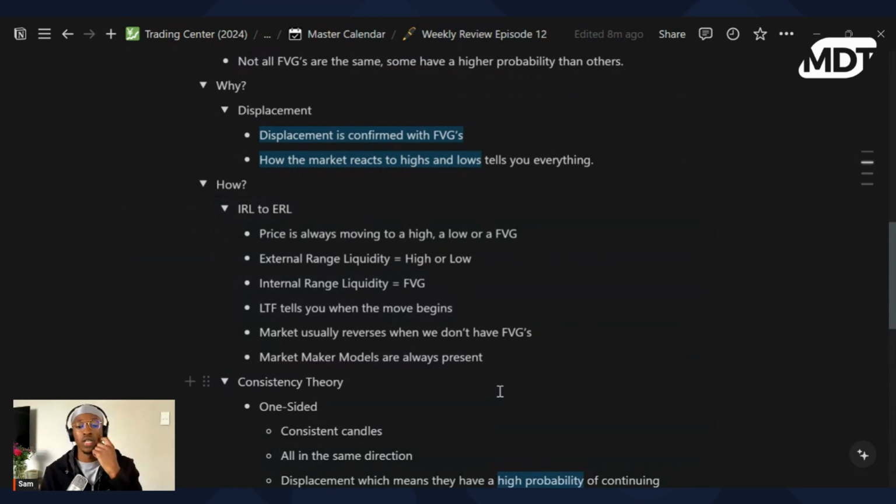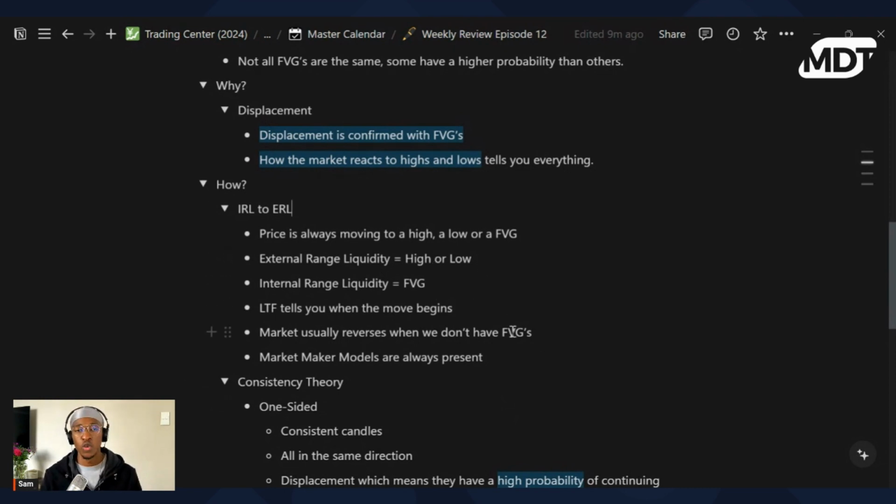Internal range, external range liquidity. Price is always moving to a high, a low, or a fair value gap, essentially. External range liquidity is our highs and lows. So if price is forming higher highs and higher lows, our higher highs will be our external range liquidity, and our higher lows will be the pullback into internal range liquidity before we continue to our external range liquidity.